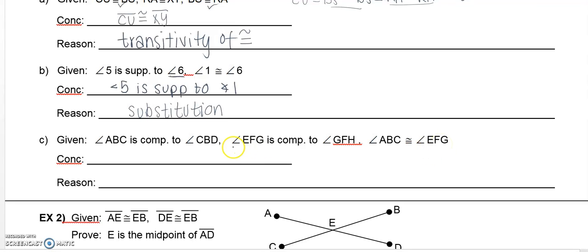I'm starting to realize that EFG is the same as ABC. This looks super familiar to one of my previous theorems: we have two angles being complementary to two congruent angles.